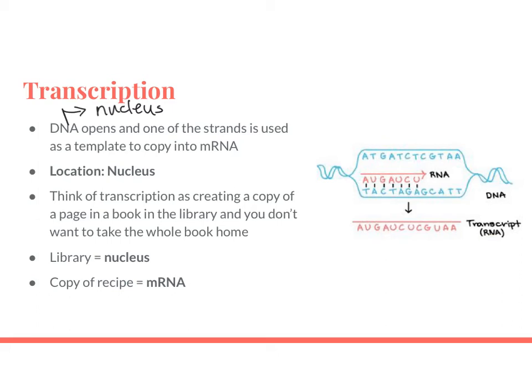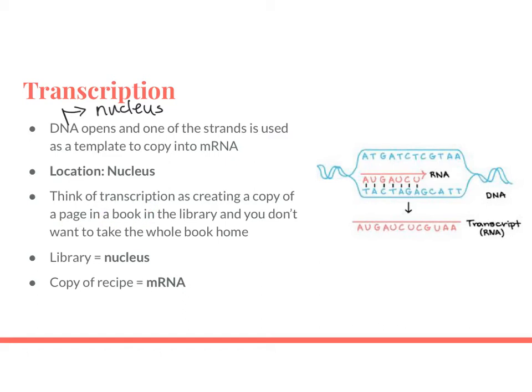What I like to do is I like to think about this in analogy forms. So think about if you were going to a library. All right, you go to the library and you pick out the biggest cookbook you can. And somewhere in there, you know that there's a recipe for chocolate chip cookies. So you could bring the whole book home, which is heavy and annoying, or you could just take a copy of that single page in the book.